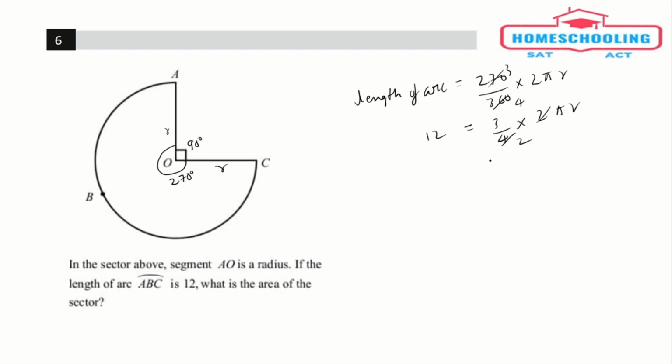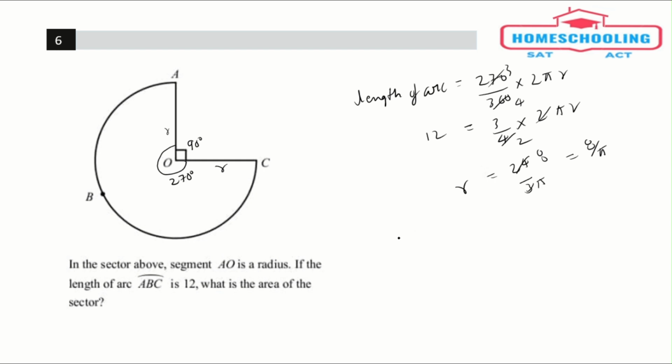Hence after solving this, 3 by 4, so 24 by 3 pi, so r is 8 by pi, so the radius is 8 by pi.